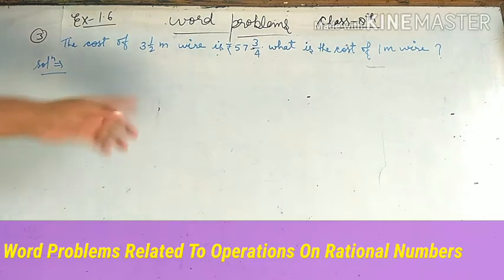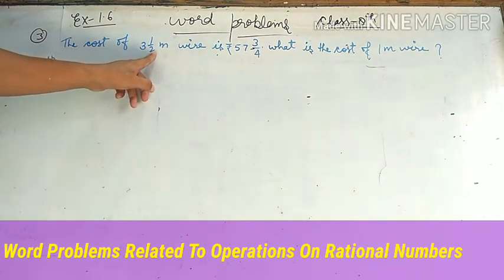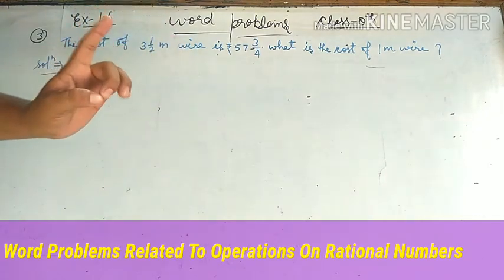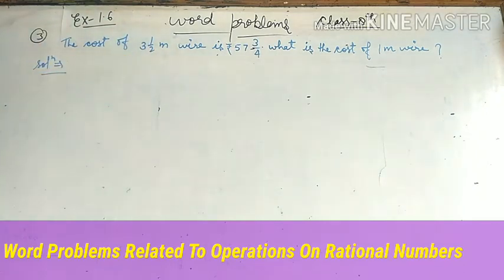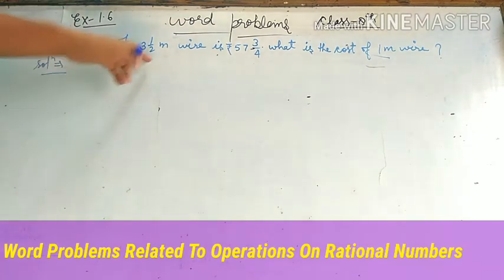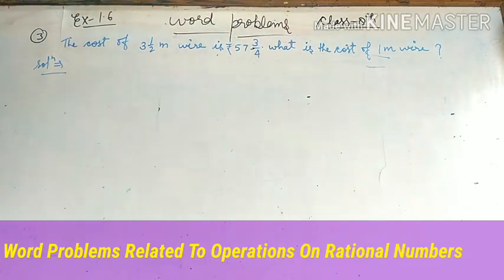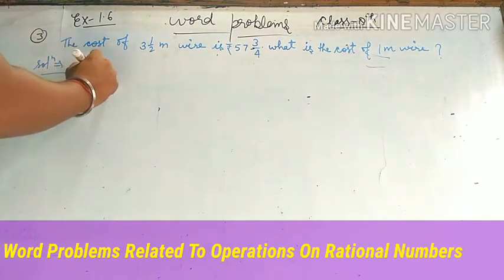In the previous question they gave the price of one thing, but here the price of more things is given and the price of one thing is demanded. So here the process will be just the opposite, means we will divide. When the price of more things is given and the price of one thing is asked, you have to divide. Now we will move to the solution.